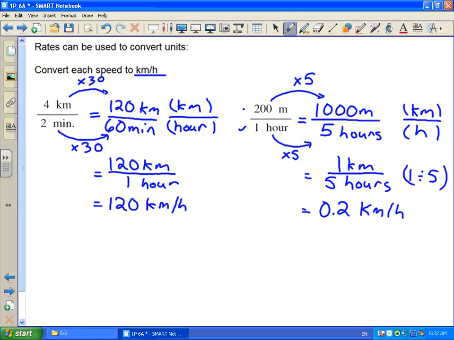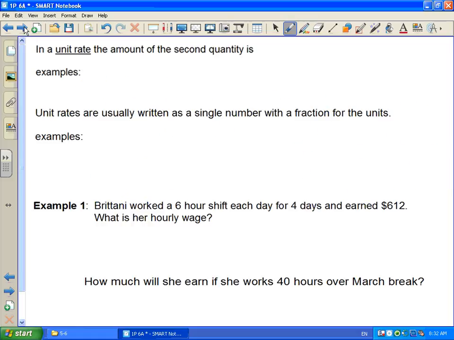Okay? And when we do this division, taking the number on the top and dividing it by the number on the bottom, this is what's called calculating a unit rate. And that's the next thing we're going to talk about here, is unit rates. In a unit rate, the amount of the second quantity that we're comparing. Remember, a rate compares 2 quantities with different units, one on top, one on the bottom.